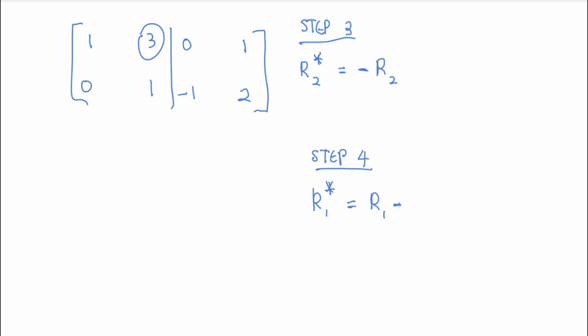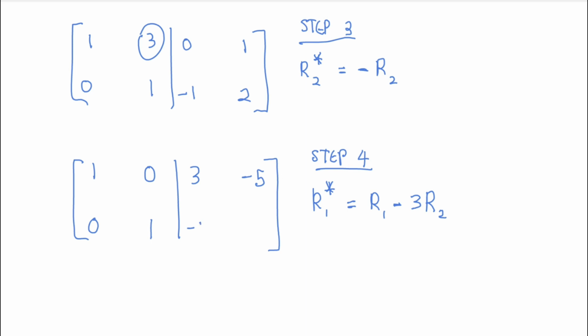So 3 times row 2, which is 1. 3 minus 3 times 1 is 0. So the solution is 1, 0, 3, negative 5. 0, 1, negative 1, 2. Understand?